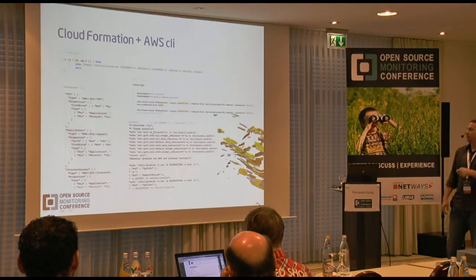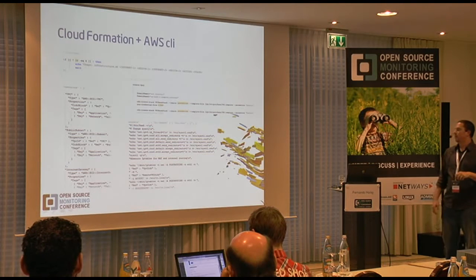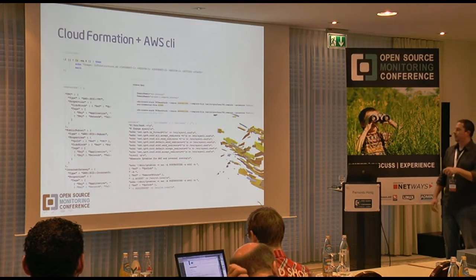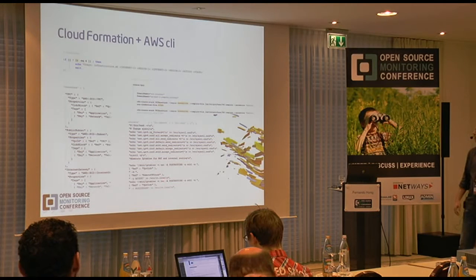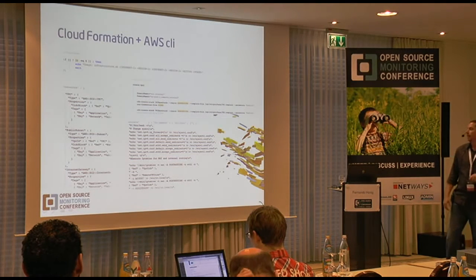And in CloudFormation, you can define user data for the instances that you are creating. In this example, I'm just putting a command to make a NAT and touching some specific file for doing the NAT.